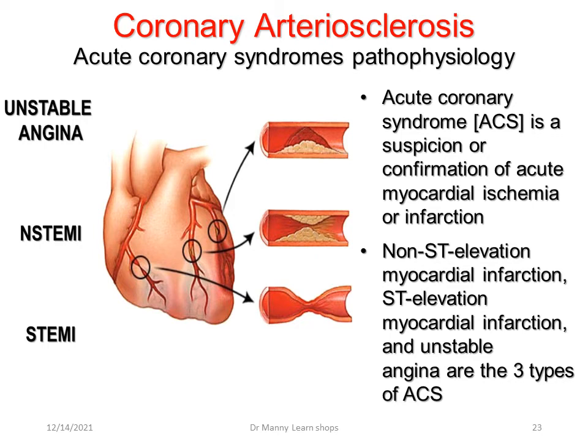Non-ST segment elevation myocardial infarction is one, as I said. ST segment elevation myocardial infarction is another, and both result as a consequence of unstable angina, which is unstable angina pectoris, which means, from the Latin, a strangling sensation in the chest. And there are three types of acute coronary syndrome: unstable angina, non-STEMI, and STEMI.